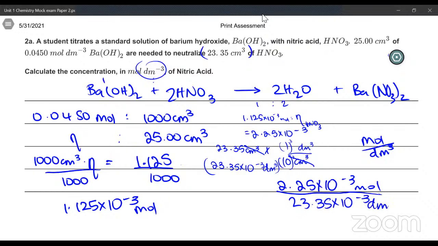And that would give you a concentration for the HNO3. And so that would be 2.25 times 10 to the minus 3 divided by 23.35 times 10 to the minus 3. And you should get 0.096 moles per dm³. And you're fine.